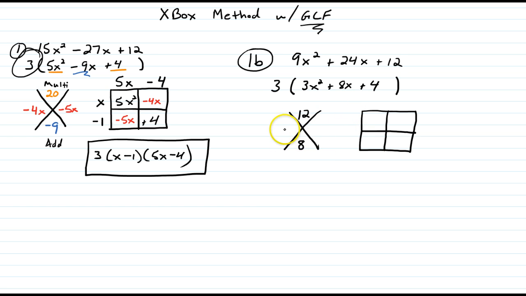And now what numbers are going to multiply to 12 and add to 8? So now we can put our answers in our box. Remember, the first term goes in the first box. The last term goes in the last box.